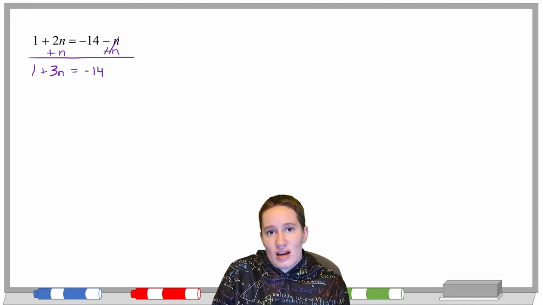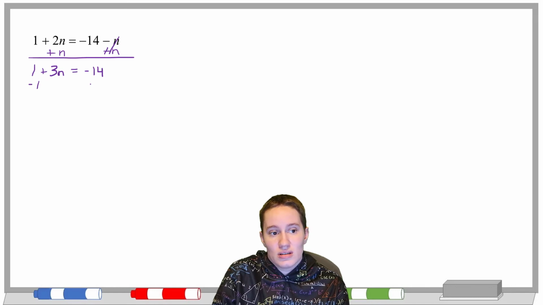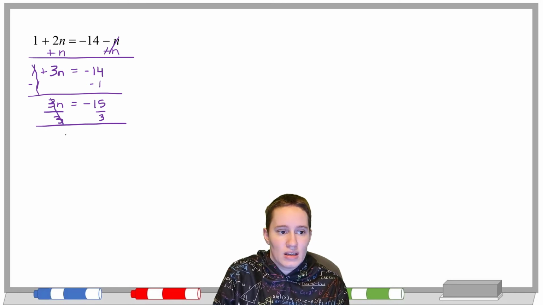So now it's actually like what we just did a second ago. I'm going to take the 1 and move it over, so subtract 1, and get 3n equals negative 15, and then I'm going to divide both sides by 3, and get n equals negative 5.